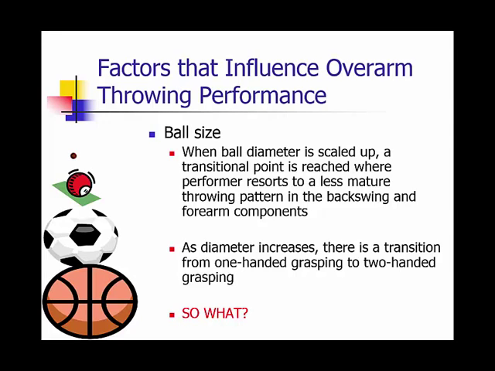So what the researchers suggest is that we need to use a concept called body scaling, which is the idea of scaling equipment that is sized appropriately for the performer's body dimensions. So when we're working with learners, we need to be aware that we need to use the appropriate size equipment for their body size.